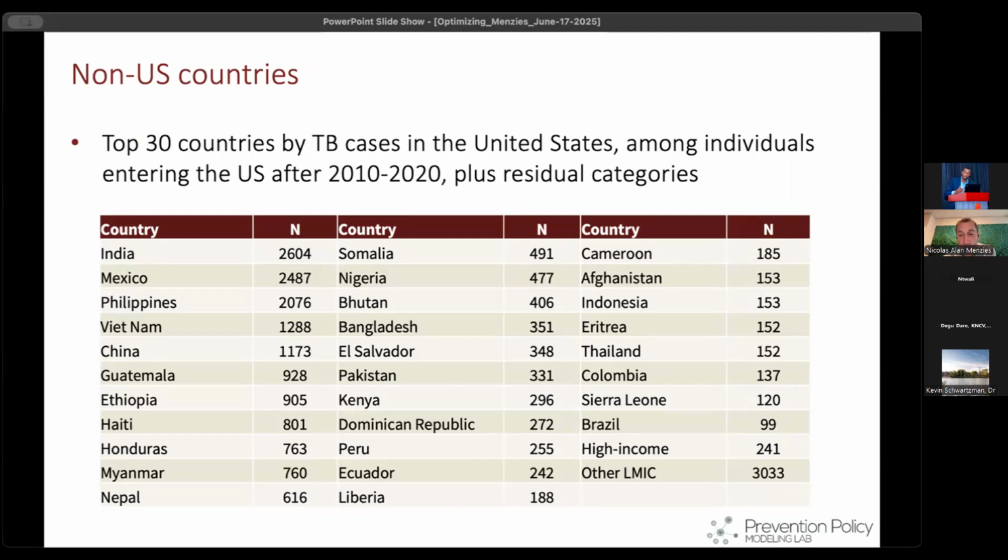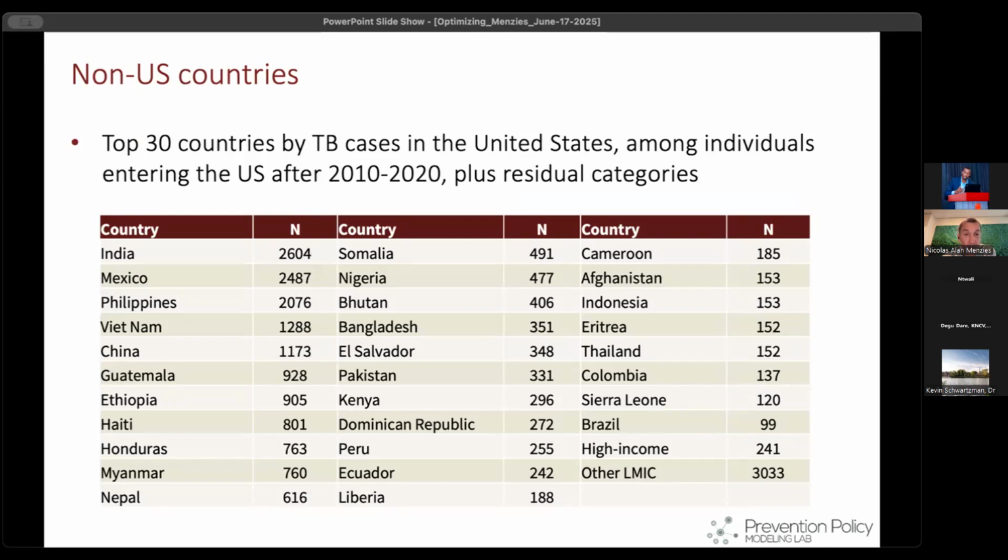And then for the remainder, we divided them into high-income countries, which we assumed wouldn't have any additional TB control activities, and all other low and middle-income countries. You can see in this N column the number of TB cases amongst migrants coming to the United States.